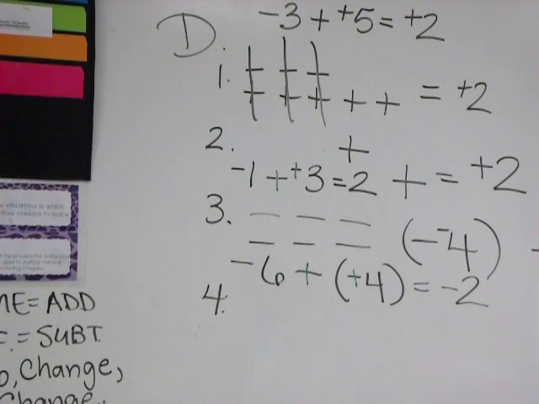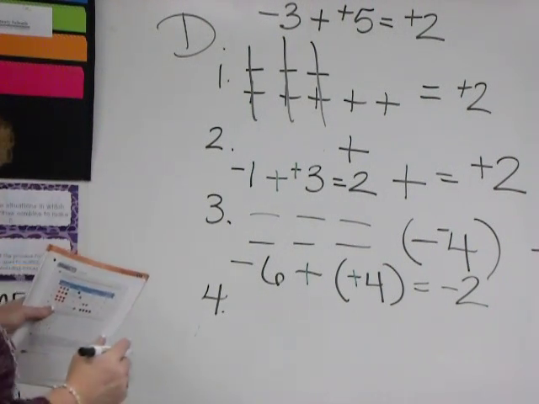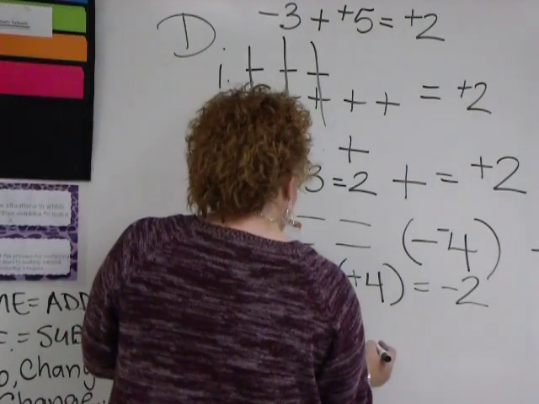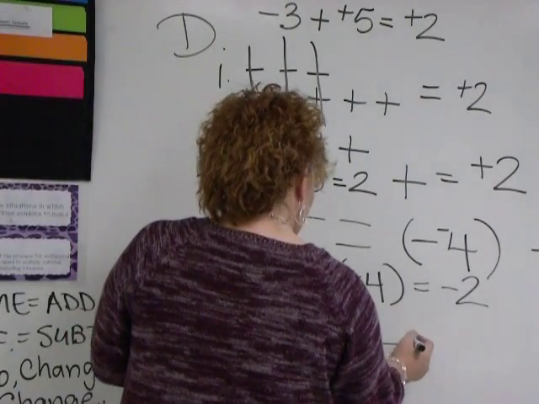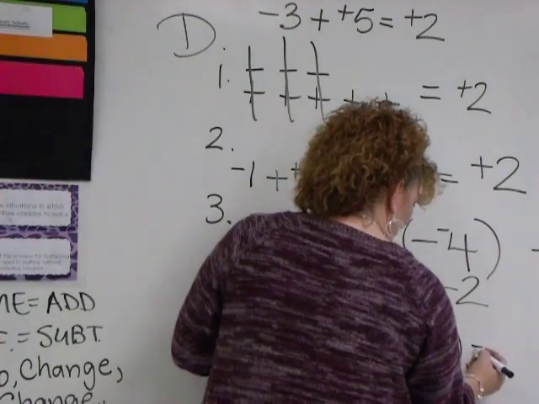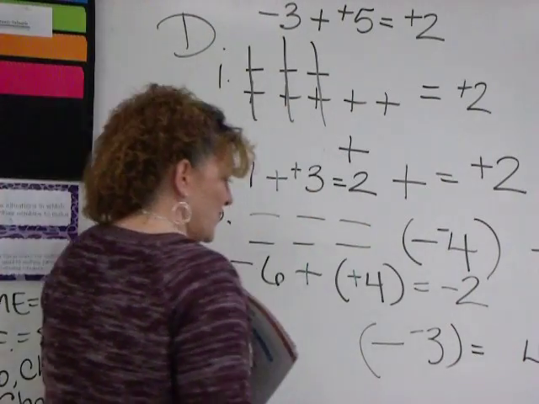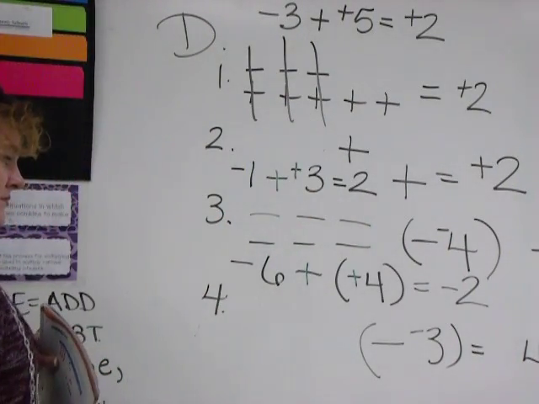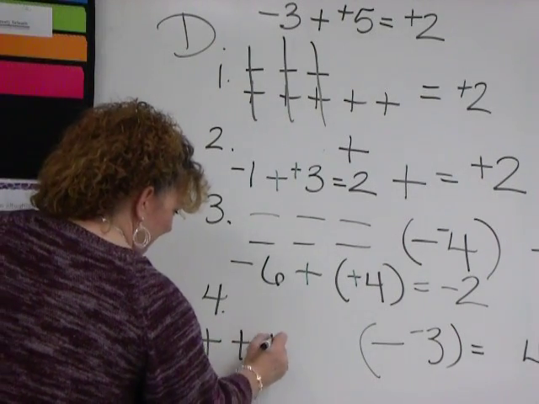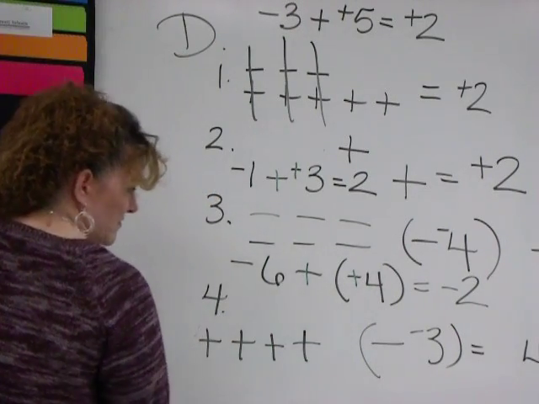Number 4, what do I have to start with if I'm going to subtract 3 negative chips and end up with a +4? That means I had to have already had 4 positives.